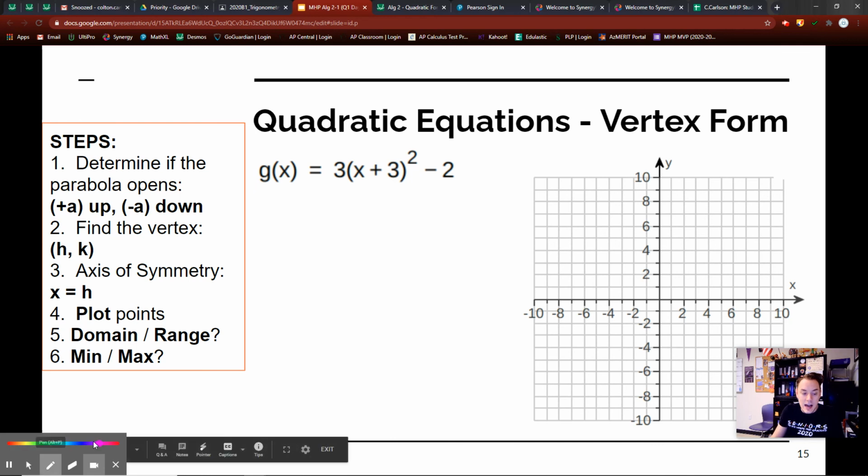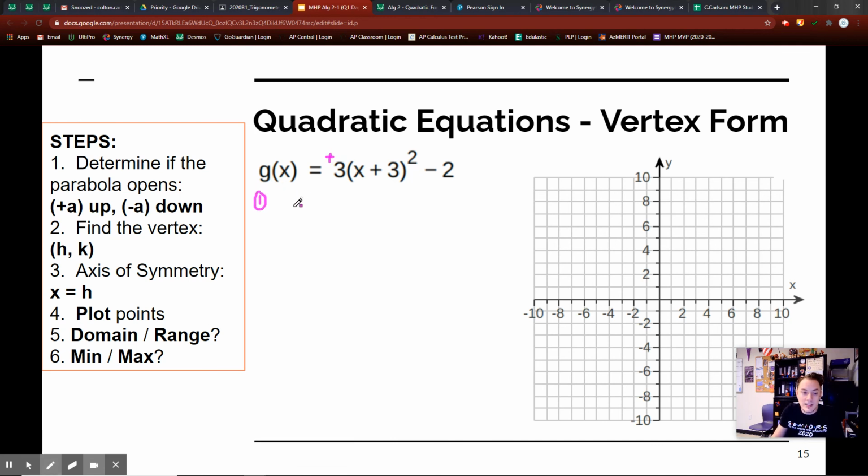All right, let's go to town on number 1. Since this is a positive, that means it is going to open up. My A value is positive here, so I know it's going to open up. Fantastic. What's my vertex? My vertex is going to be (h, k). Notice how this is a positive 3.